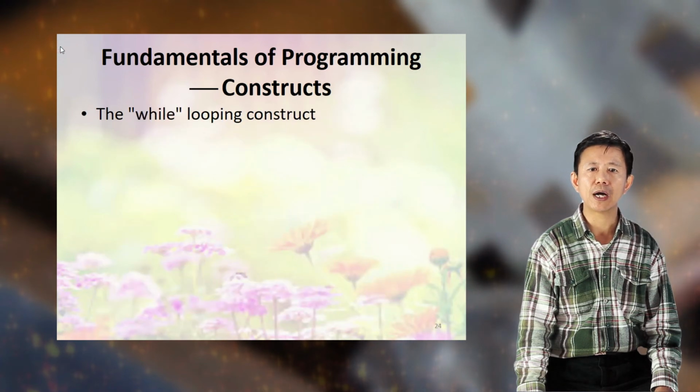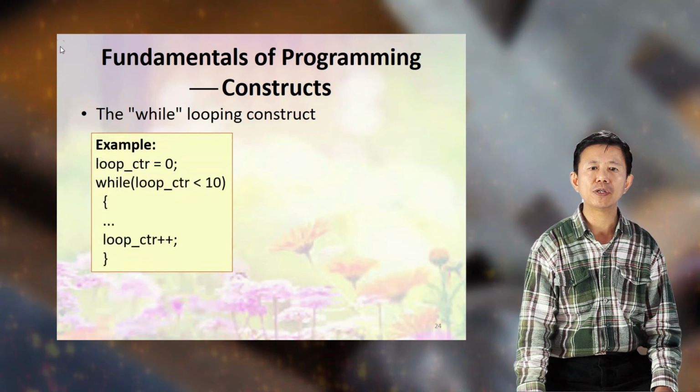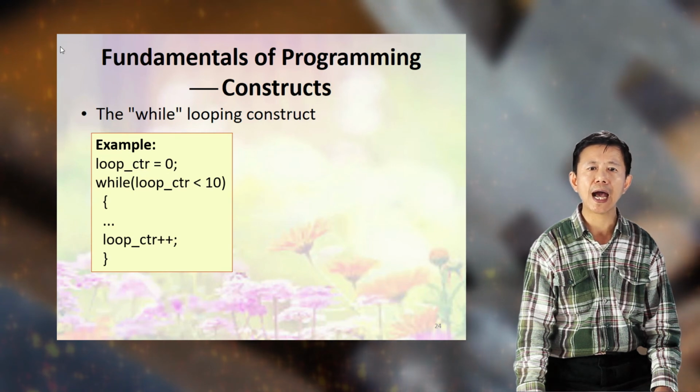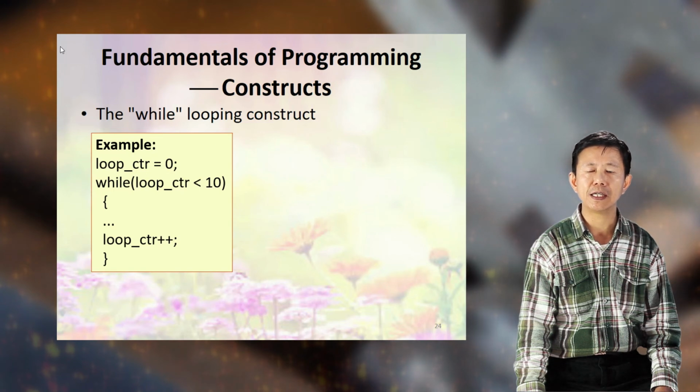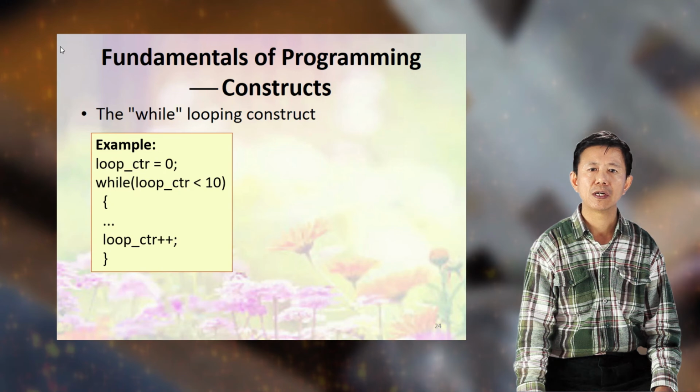And I'll show you another example to execute the loop 10 times, but the while loop is used instead. The variable loop CTR is initialized ahead of the while loop. Every time before executing the loop, the less than criterion is checked first, and the variable loop CTR is incremented inside the loop, so the loop will be executed 10 times.